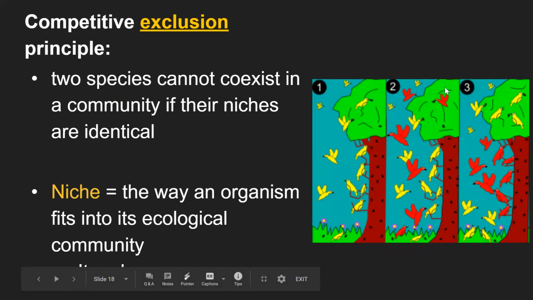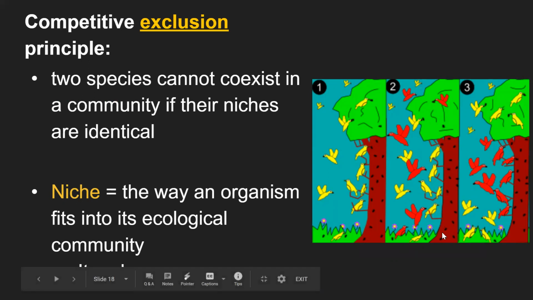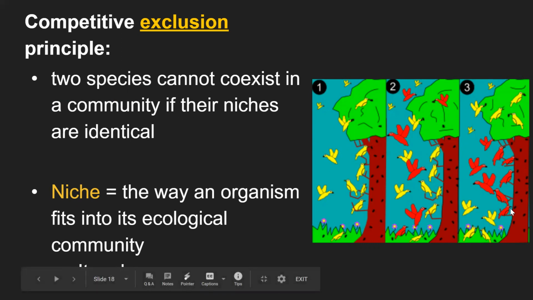And you'll notice that in picture 2, the red birds are not sitting on the tree because the yellow birds are sitting there. They're taking up that role in the ecosystem. So for the red birds to have somewhere to sit, the yellow birds have to go somewhere else. Because of that competition, they're not going to coexist in the same way because they're filling the same space in that ecosystem.